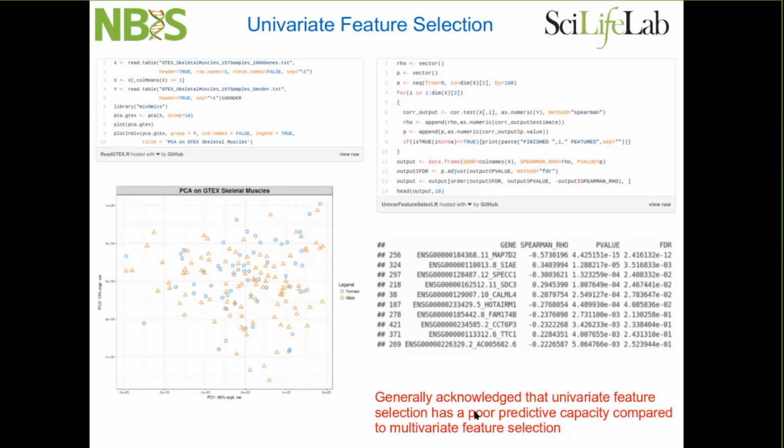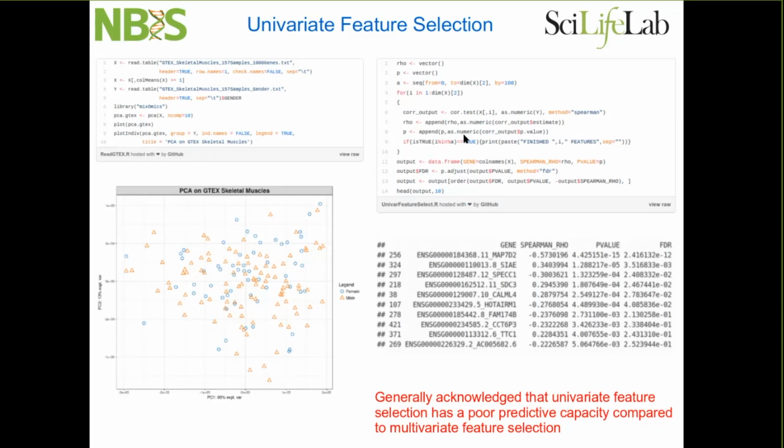Later I will show you a slide comparing the predictive power of univariate and multivariate feature selection. It's pretty clear, at least from my experience and what I read, that doing feature pre-selection in a univariate fashion is not an optimal way.